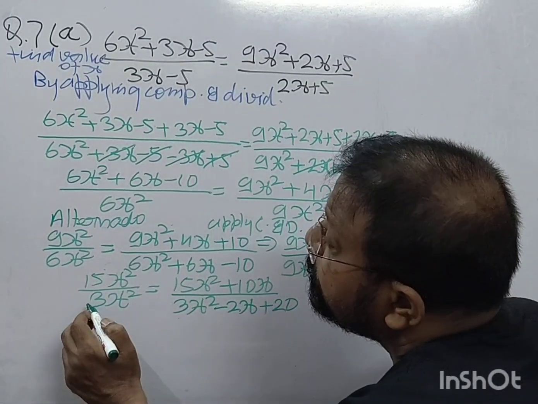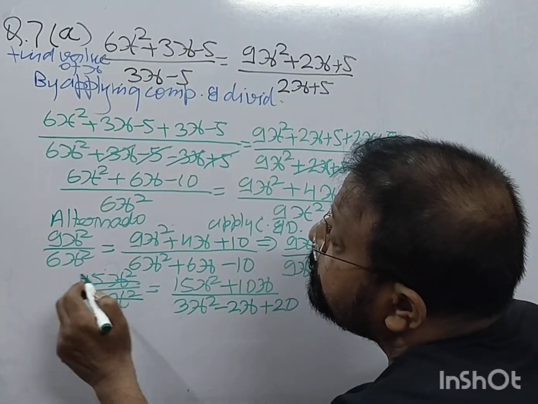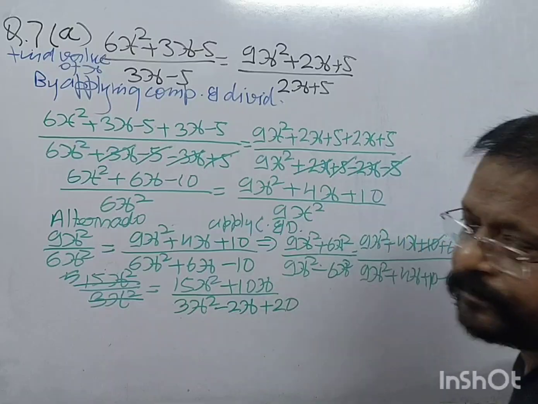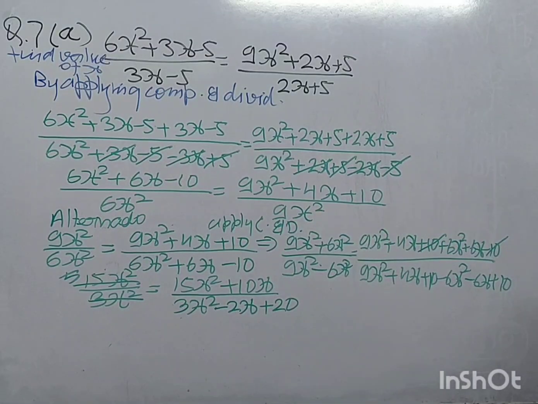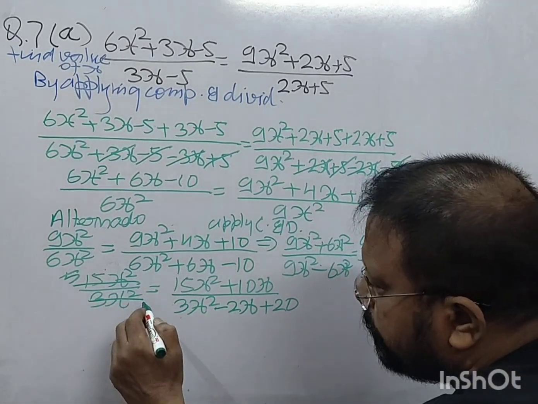Now this is 5 times 3, which becomes 15. The x² is cancelled out. You cross multiplied it.